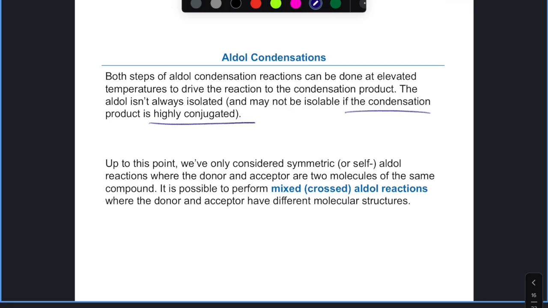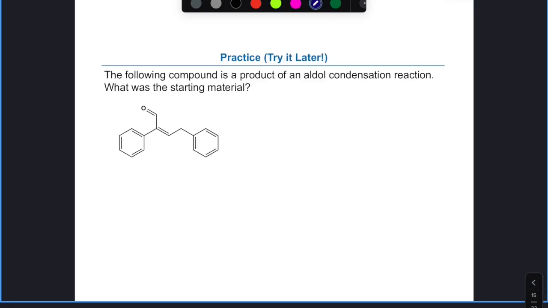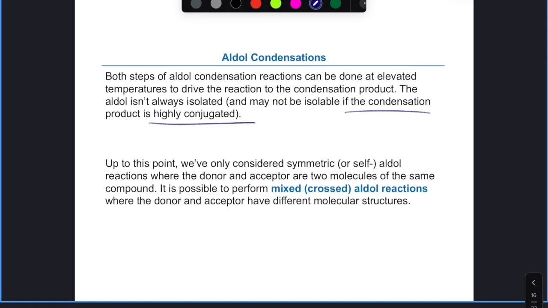If I'm making something that has a high degree of conjugation, stopping and holding that beta-hydroxy ketone can actually be pretty difficult. The condensation product is quite favored just because you are making this very stabilized, very conjugated system. But again, heat is how we usually control it. Low temperatures, usually if we're trying to freeze out and stop at the aldol, that's what we'll try to do. Longer time, higher temperatures, your condensation is inevitable.